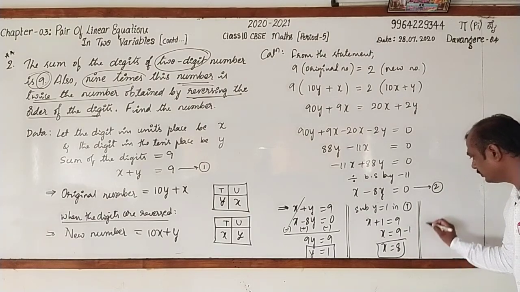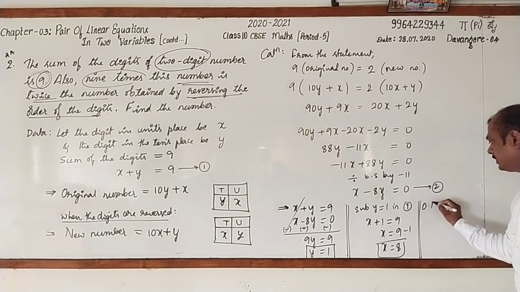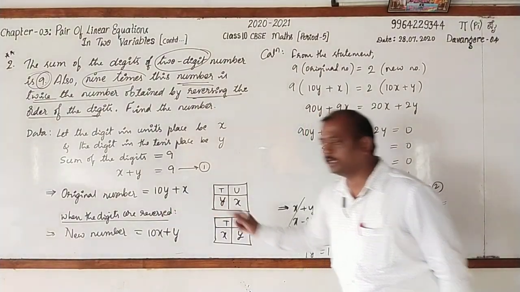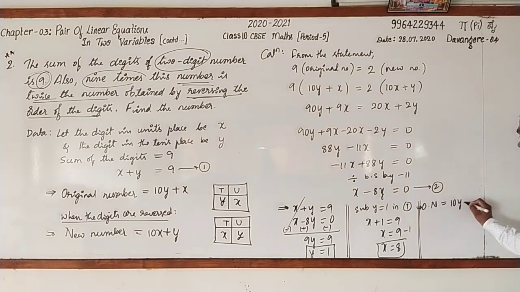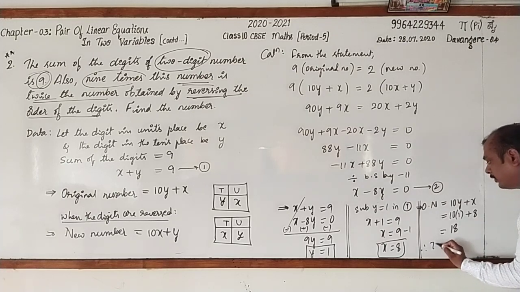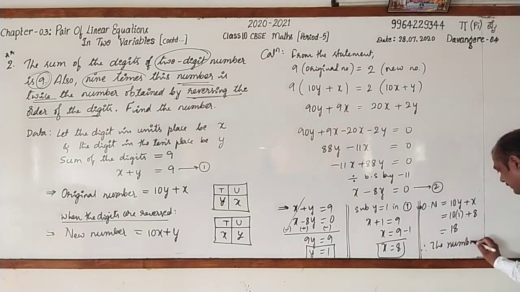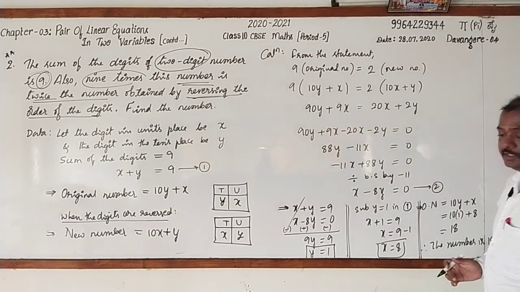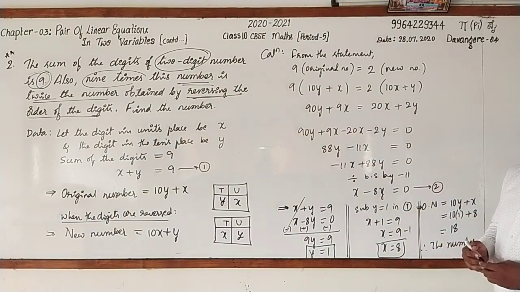We want the original number. What is that original number? Here it is: 10y plus x. 10 into y, y is 1, and x is 8. 10 plus 8 is 18. Therefore, the number is 18. Clear?